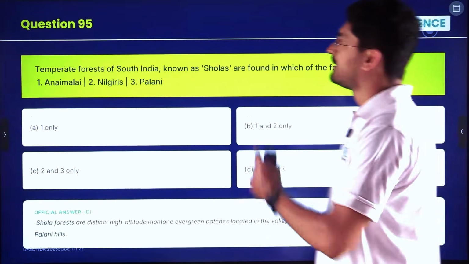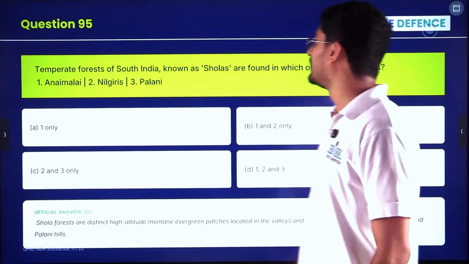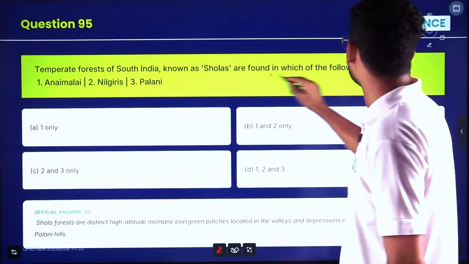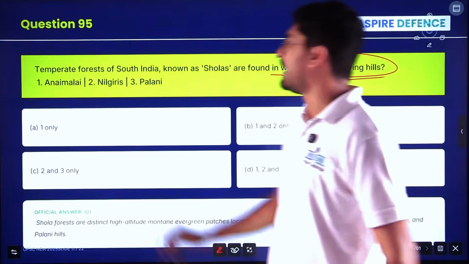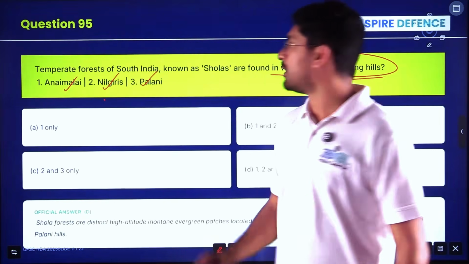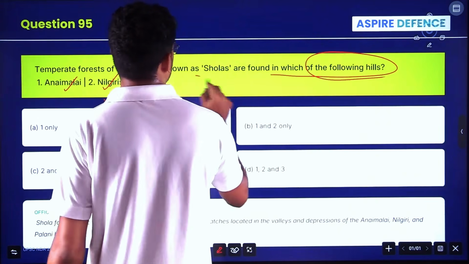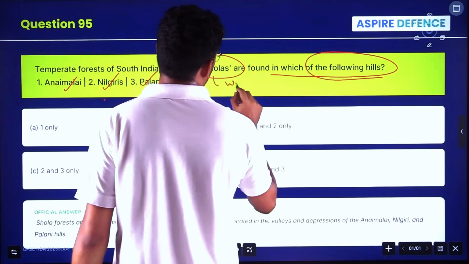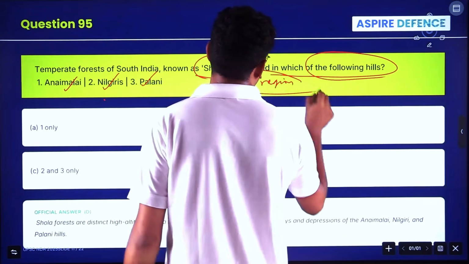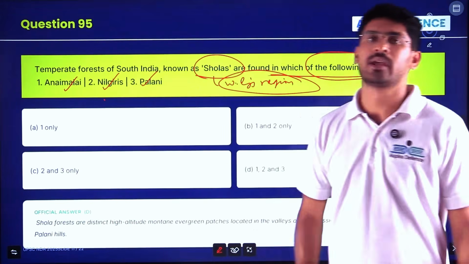Next question. Temperate forests of South India known as sholas are also found in which of the following hills? Annamalai, Nilgiris, Palani. Sholas are the forests found in the Western Ghats region in the southern part of India, on the Karnataka, Tamil Nadu, Kerala border.